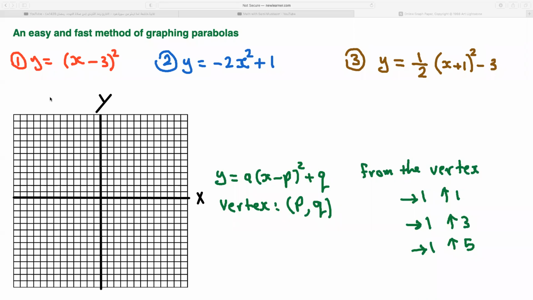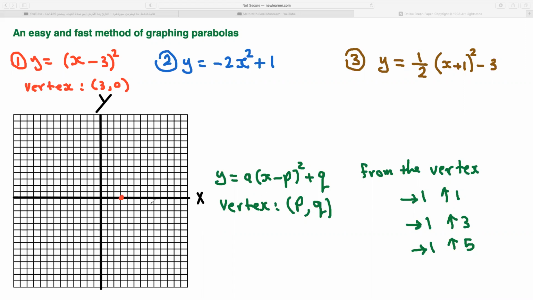So for the first question here, the vertex is 3 and 0, because the Q value is not there, so it's 0. And since A is 1, there's a 1 here that we don't write, you just plot your vertex, which is 3 and 0 right here.